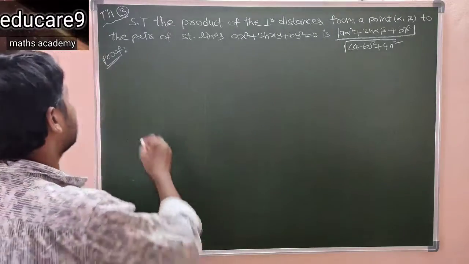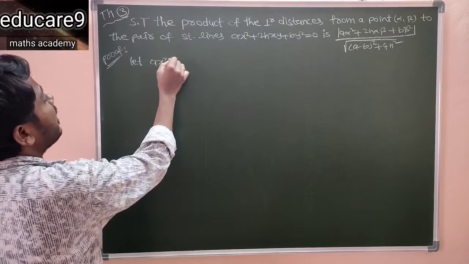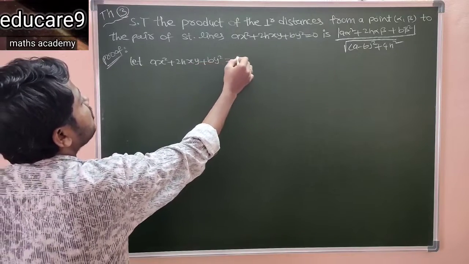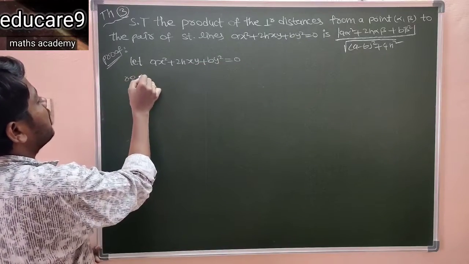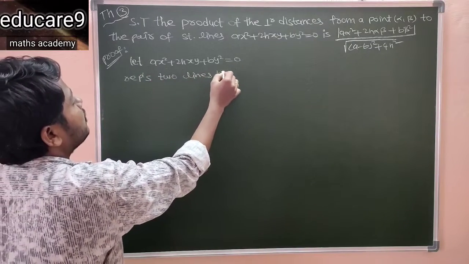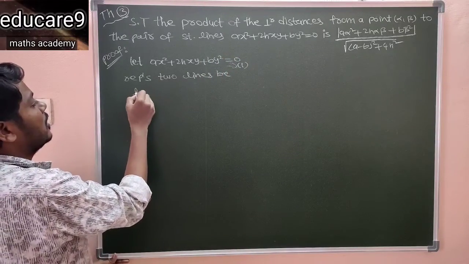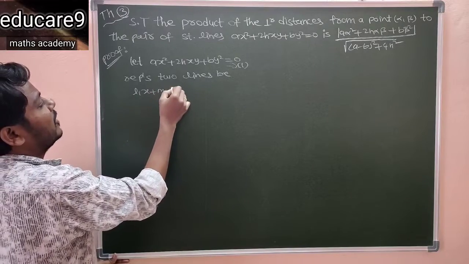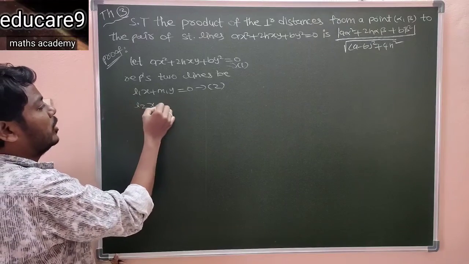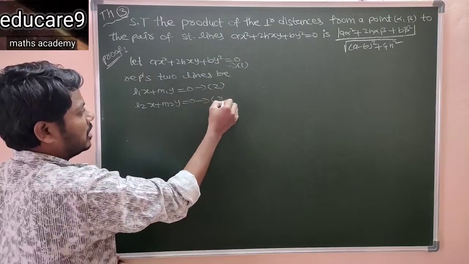So here, let ax square plus 2hxy plus by square equals 0. This is equation 1, and it represents two lines: L1x plus M1y equals 0, this is equation 2, and L2x plus M2y equals 0, this is equation 3.